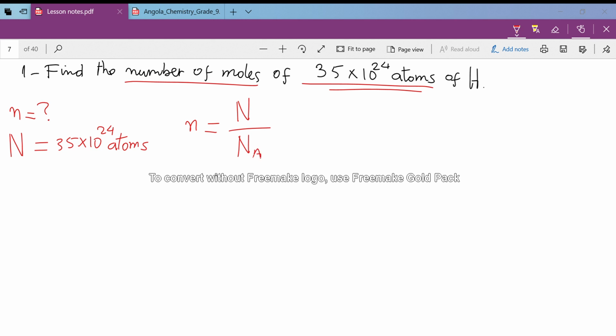Then we just have to replace: it will be 3.35 times 10 to the power 24 divided by 6.02, which is Avogadro's number, times 10 to the power 23.